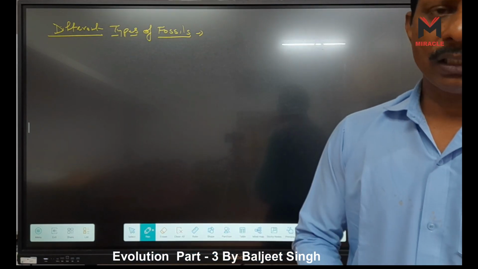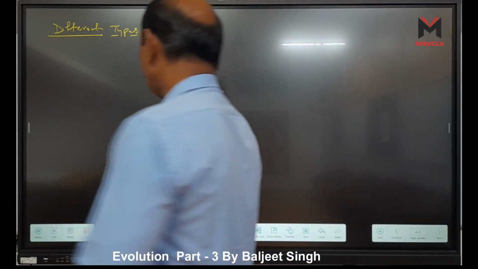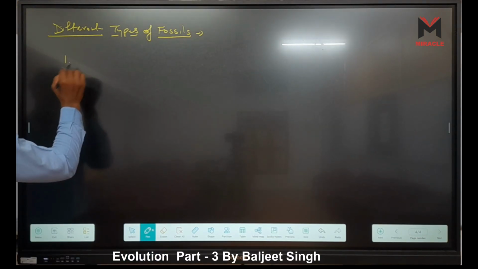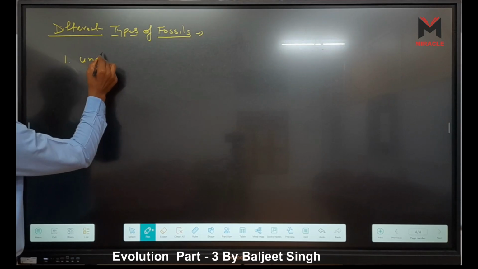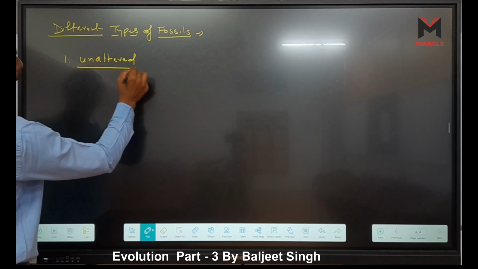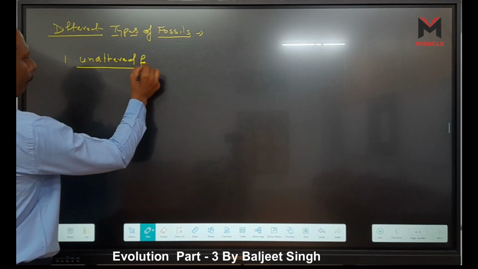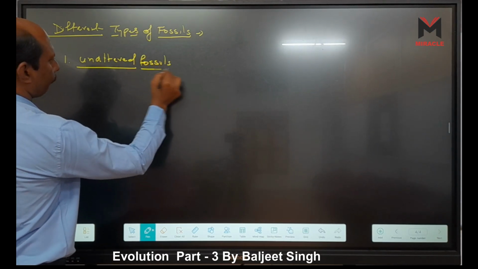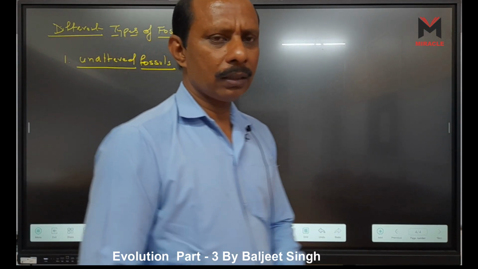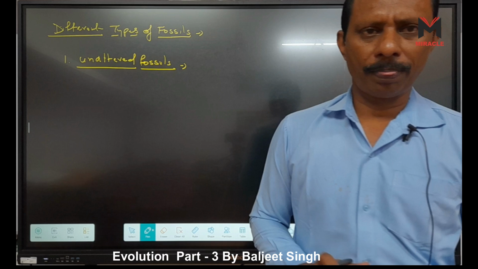How many types of fossils are there? When we consider the types of fossils, the first one is unaltered fossils. Unaltered fossils means which are the same as they were.